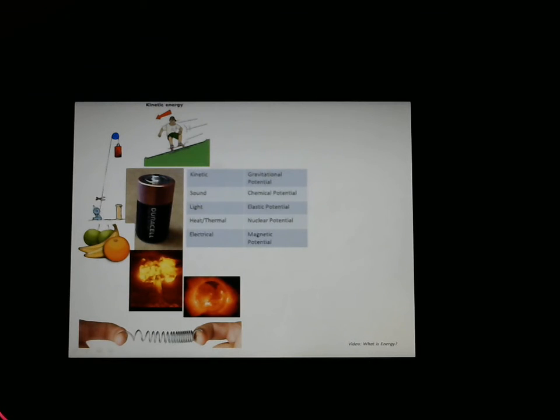You have nuclear potential energy in you. The chair you might be sitting on has nuclear potential energy in it. The floor beneath your feet, nuclear potential energy. The air around you, nuclear potential energy.